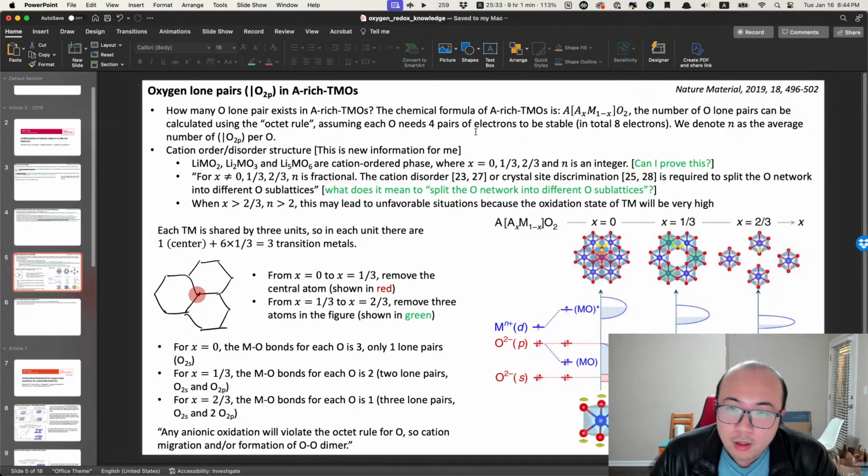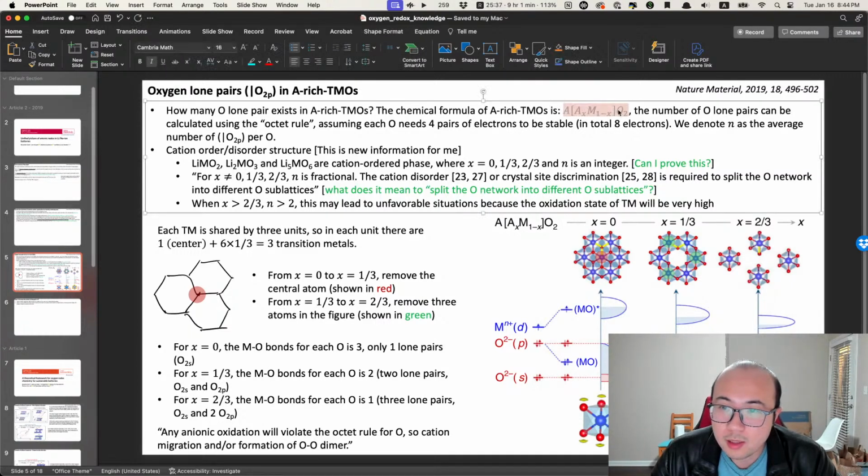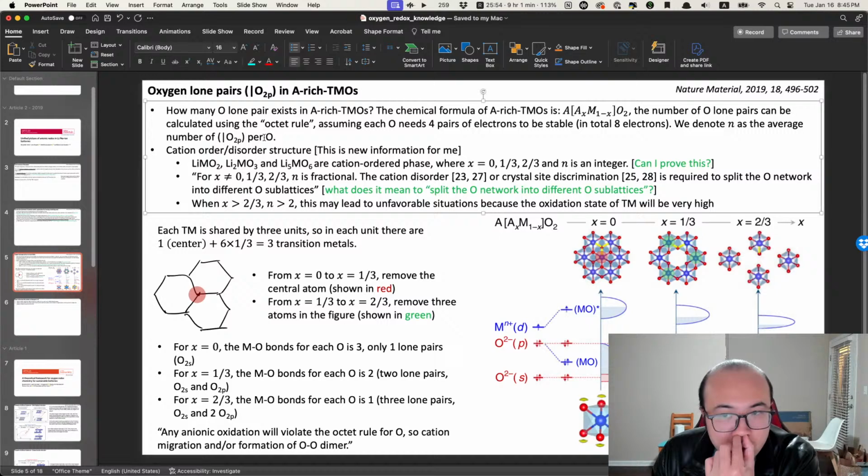The chemical formula of A-rich transition metal oxides is this one. The number of lone pairs can be calculated using the octet rule, assuming each oxygen has 4 pairs of electrons to be stable. N is the average number per oxygen.